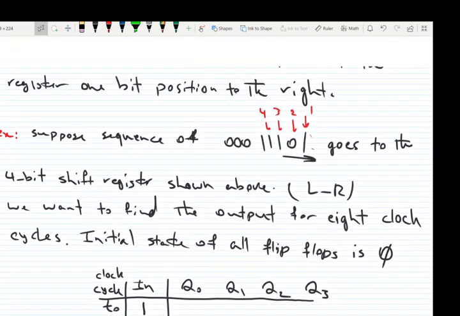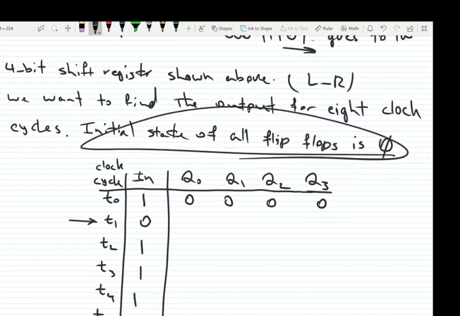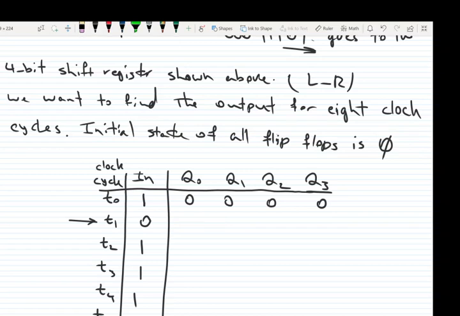What about the outputs? Before the first clock cycle, T0 is the initial conditions. In fact, we know that all of them are 0, as it was set here. So T0 is initial conditions.